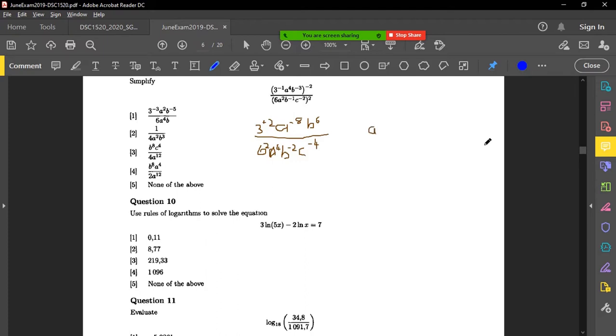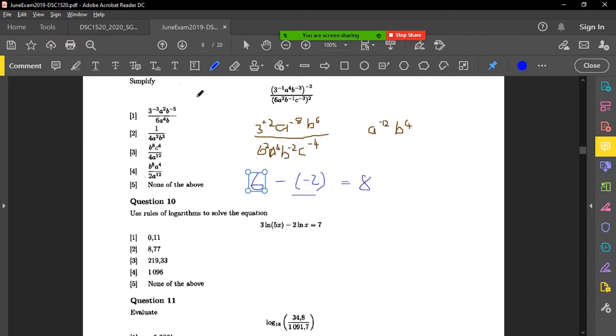So A would become minus 12. And then B, that is 6 minus 2, so that would become 4. No, it's 6 minus 2, because remember, the exponent is negative.